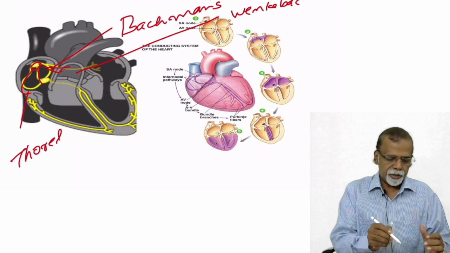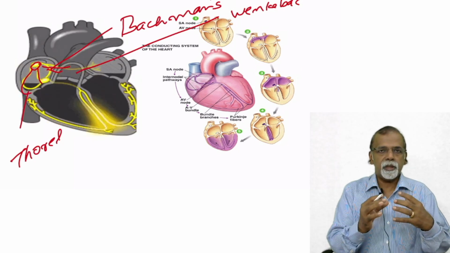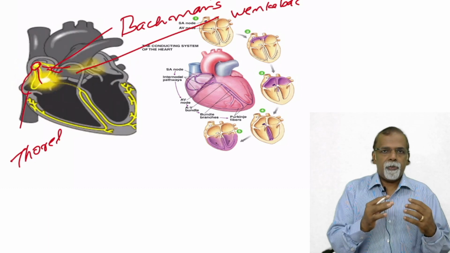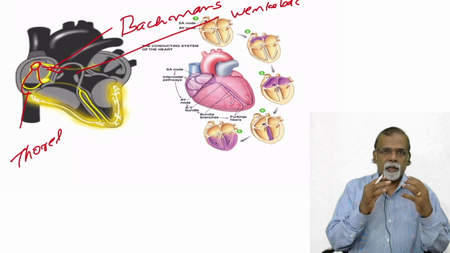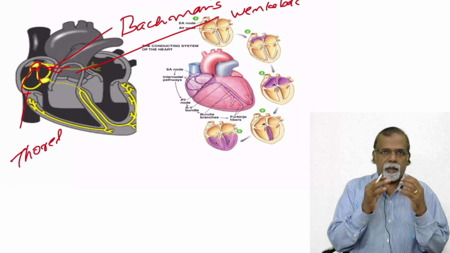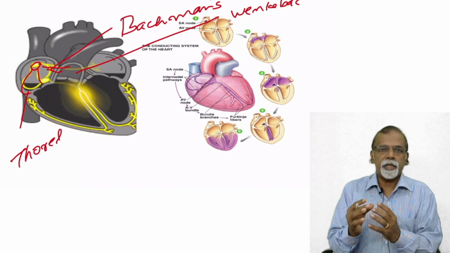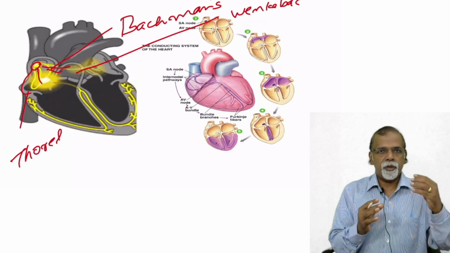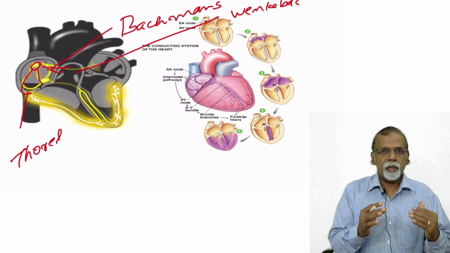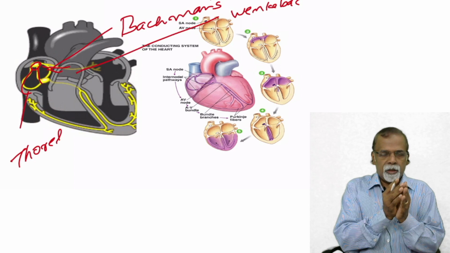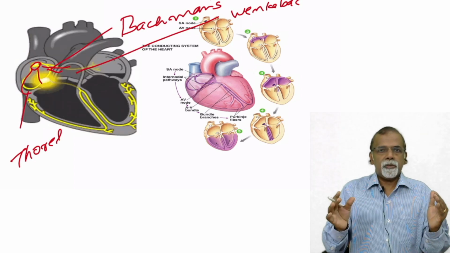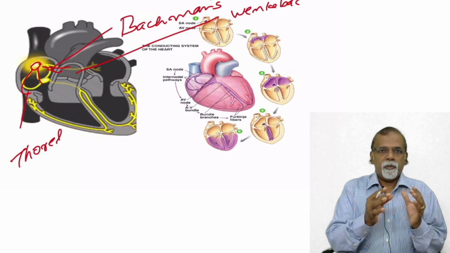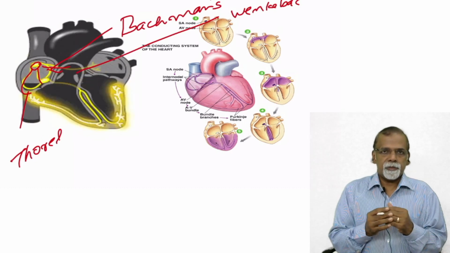You should understand that the activation of the atria occurs first. This activation is by the action potential that is generated due to the impulses from the SA node. So the SA node produces the action potential that is passed over to the atria and also to the AV node via these special bundles.